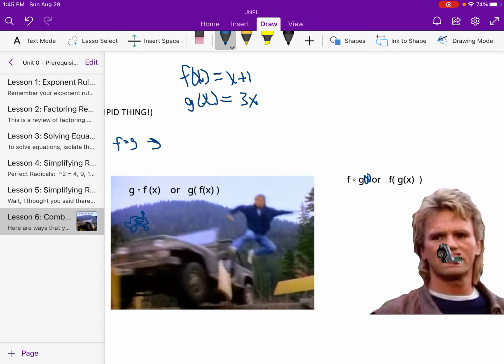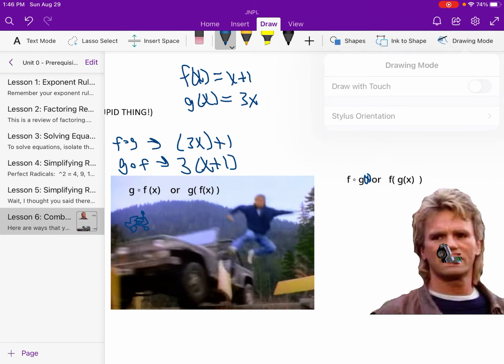So put this in the spot on the f. So put this into here for the x spot. So instead of x, we have 3x plus 1. If it was the other way around, put this in here. So then that means 3 times x plus 1. So that's what that means.